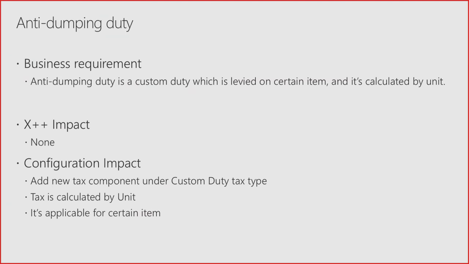We need to make sure that the tax is calculated per unit, not by the net amount, or in India, by the assessable value. And from the applicability perspective, it's not applicable for all import-export orders. It is only applicable for certain items. That is the way to analyze the business requirement from the GTE perspective.